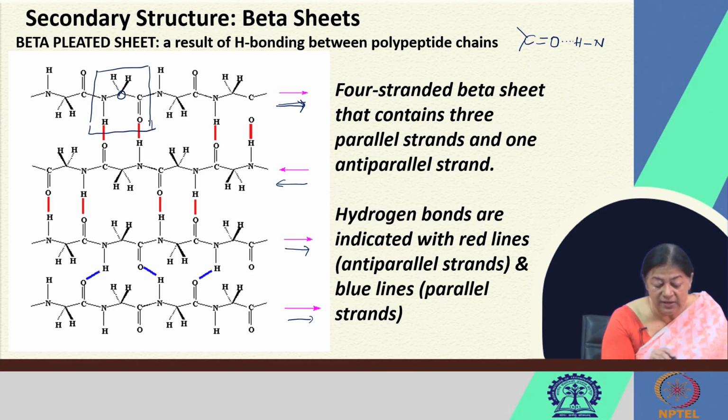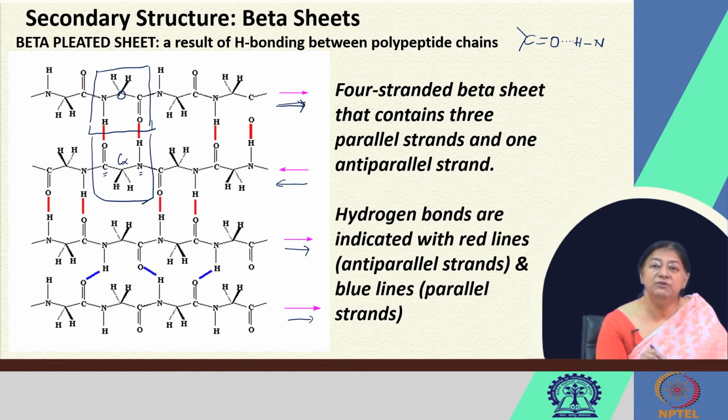And how do we know that? We know that the C alpha is connected to the NH and the C double bond O. Similarly, if we look at the strand that is going in the opposite direction, this is also one amino acid. That says that this is the beginning of the amino acid, this is the C alpha, and this is the end of the amino acid because it is going in the opposite direction.